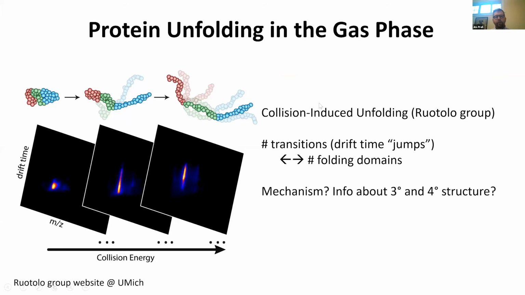And one of the things they've already noted is that the number of transitions that they observe for many monomeric proteins essentially matches the number of folding domains in those proteins known from solution. However, the mechanism of that unfolding, what drives that unfolding, is not known, and it's a bit difficult, therefore, to access information about tertiary and quaternary structure.